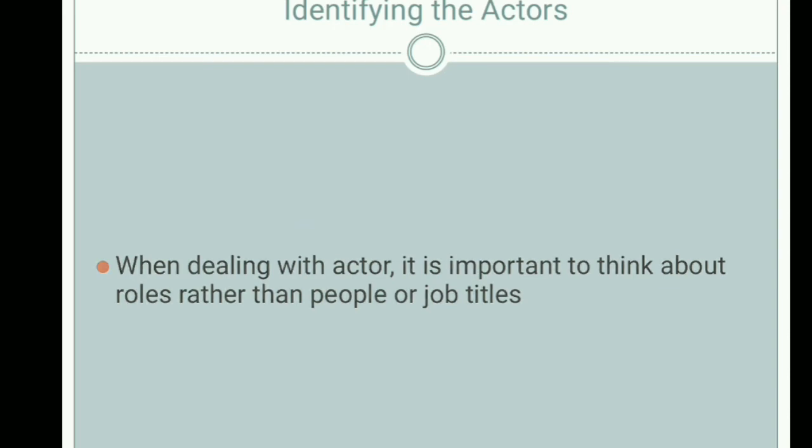For identifying actors, a set of questions we can consider: who are the end users of the system, who are the installers of the system, who provides the information of the system, who maintains the system, who is going to use the system. These are certain questions that can be helpful for actor identification.